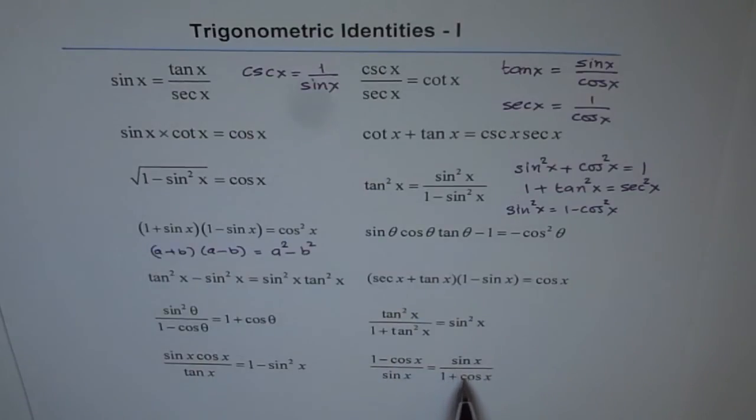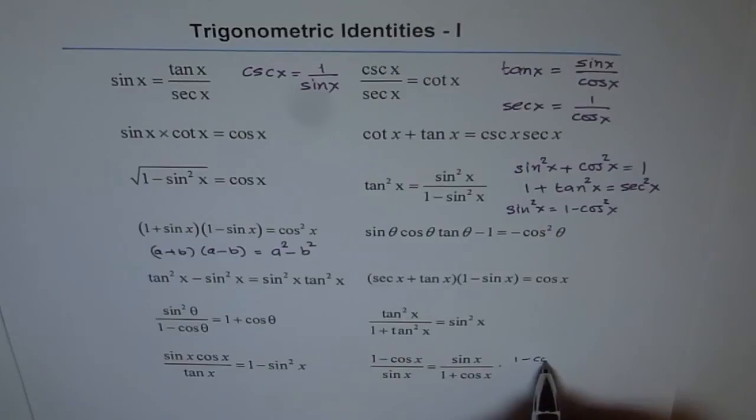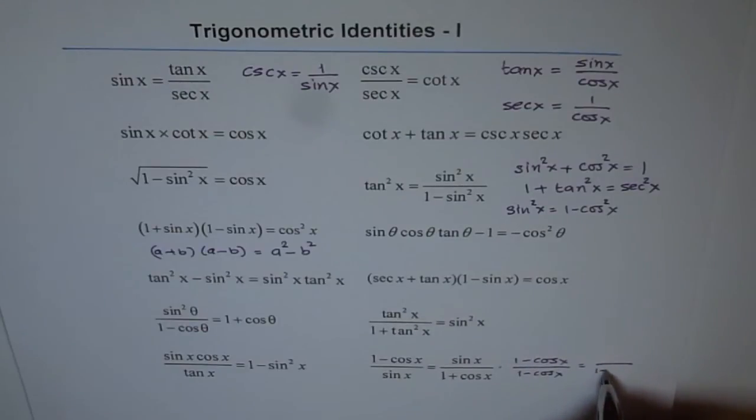And if you do it with the right side, we call this rationalizing. We will multiply this by 1 minus cos x. So 1 plus cos x times 1 minus cos x will give you what? 1 minus cos square x, right?